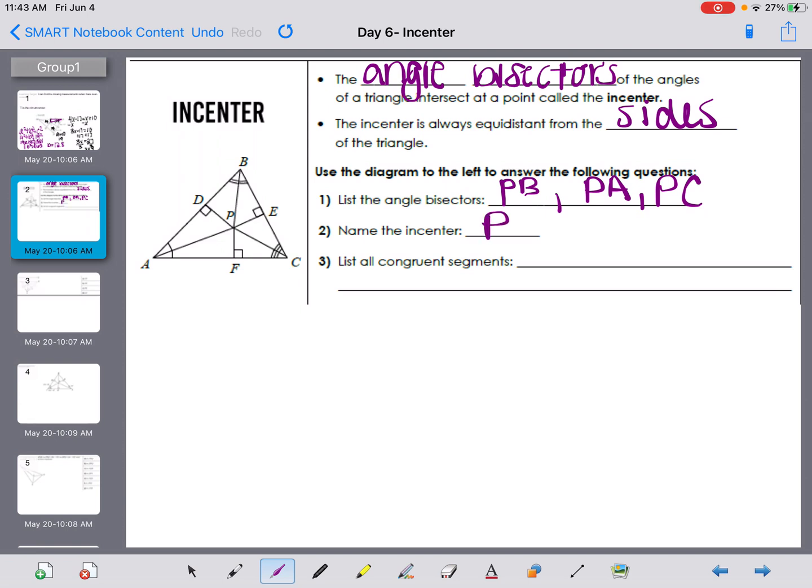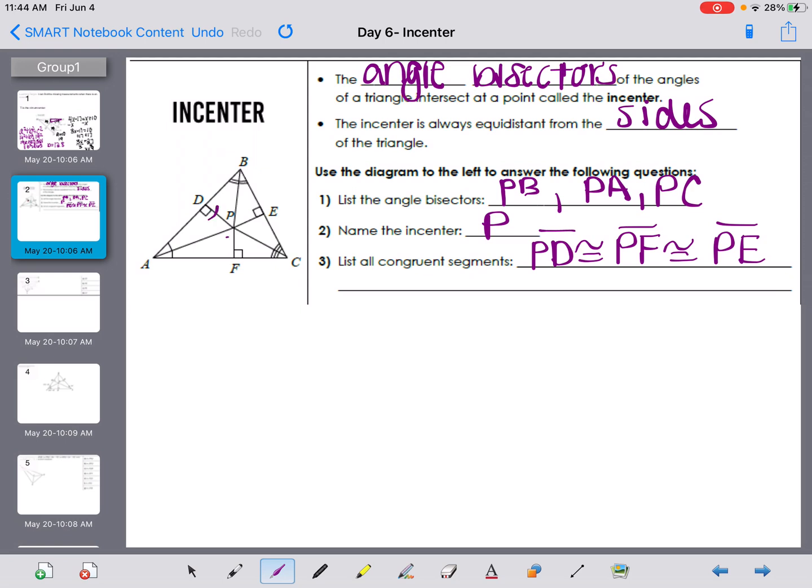Now, I have angle bisectors, so if you remember when we did angle bisectors, we know that a few things are congruent, okay? So, list all the congruent segments. The first thing that's congruent is that the incenter is always equally distant from the sides. So that means that PD is going to be congruent to PF, which is going to be congruent to PE.